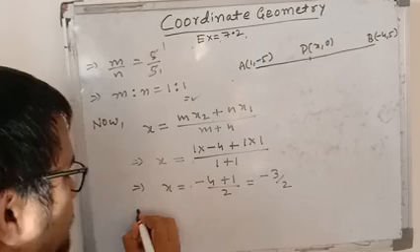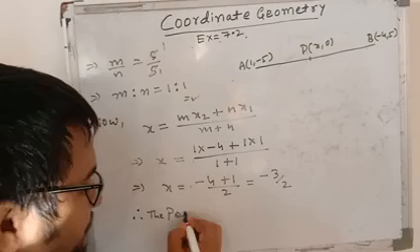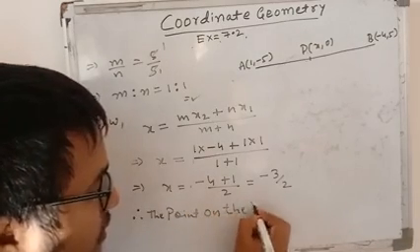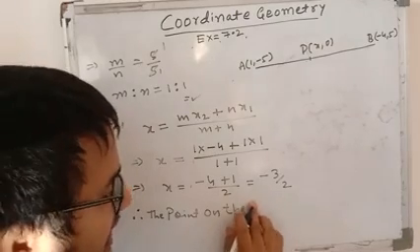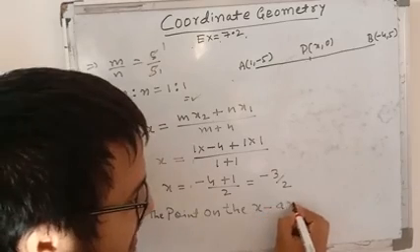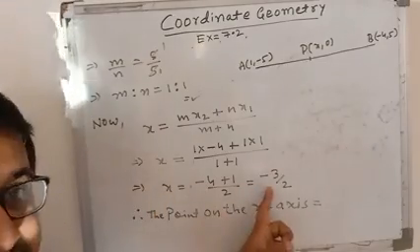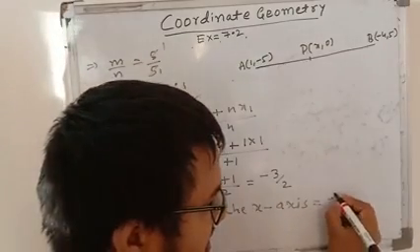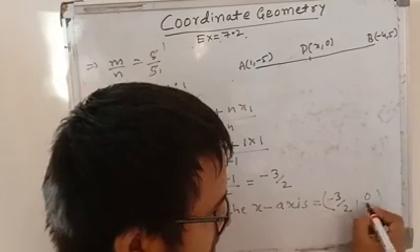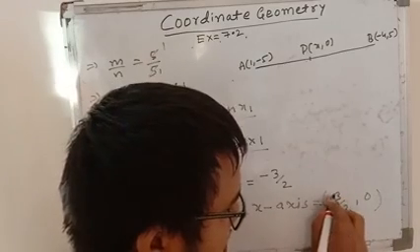Therefore the point on the x-axis is (x, 0). Here the value of x is -3 by 2, so it is (-3/2, 0).